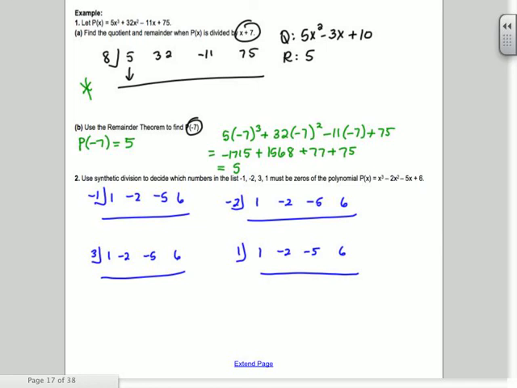Should have switched them. Make sure you guys get the same remainders I had.